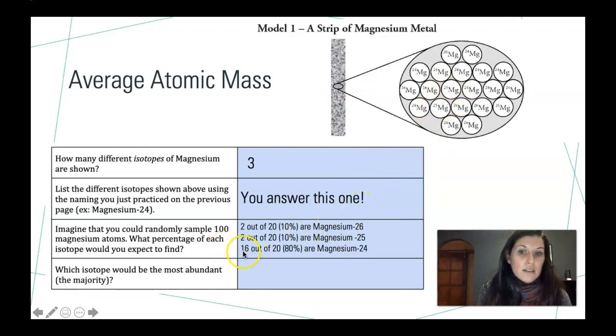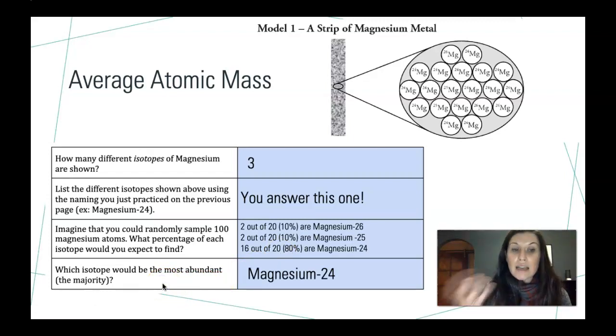The remainder, 16 out of 20, are magnesium 24, so that's 80%. So if I had a random sample of 100 magnesium atoms, I'd expect 10 to be magnesium 26, 10 to be magnesium 25, and 80 to be magnesium 24. So what is the most abundant, the majority? Well, magnesium 24, that is my most abundant isotope.